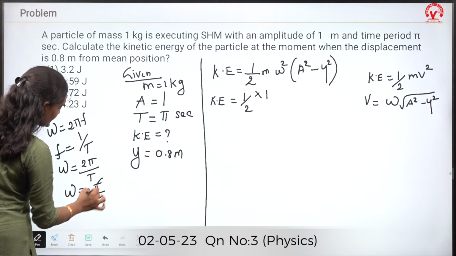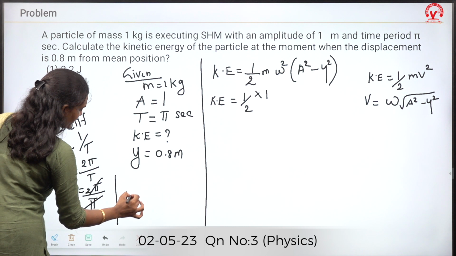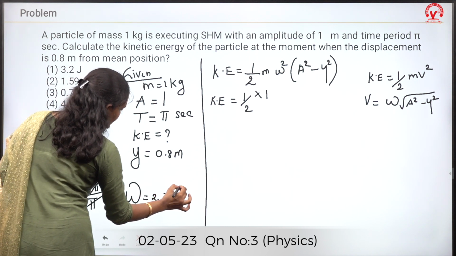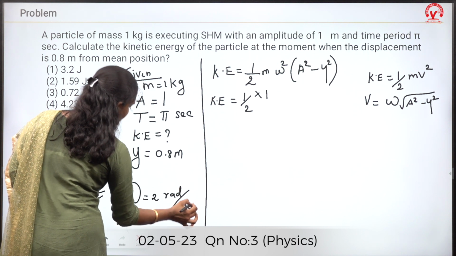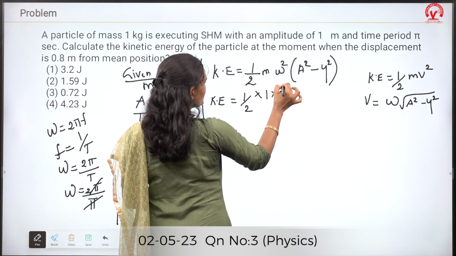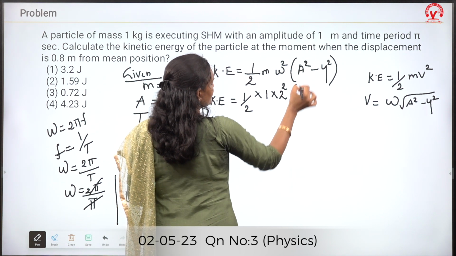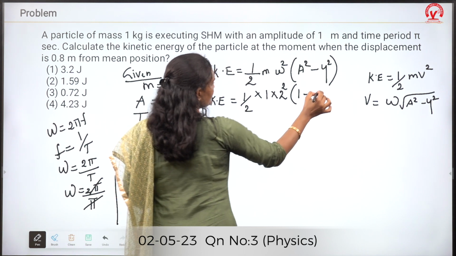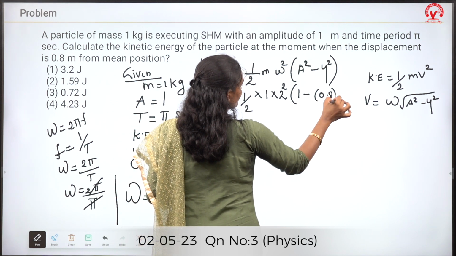So pi gets cancelled. Now the angular frequency omega can be written as 2 radian per second. So here the angular frequency is 2, square, amplitude is 1, so 1 minus displacement 0.8, the whole square.